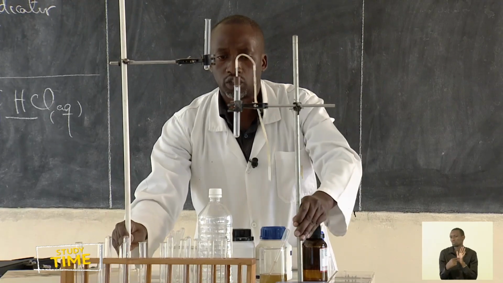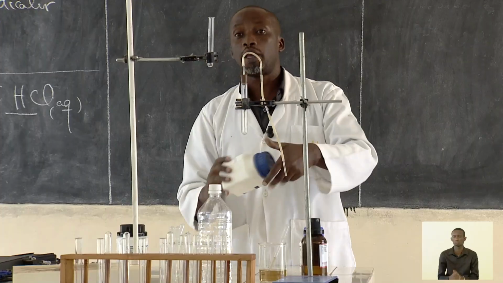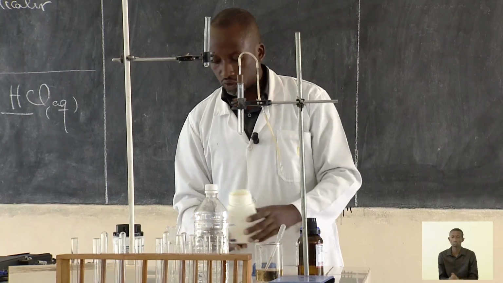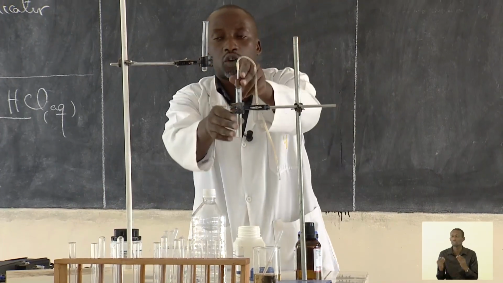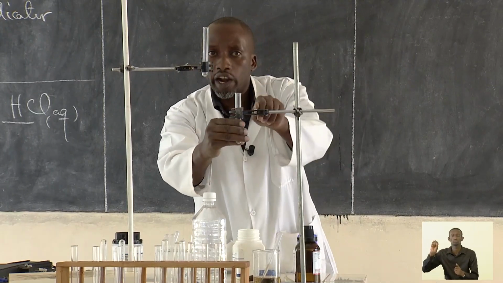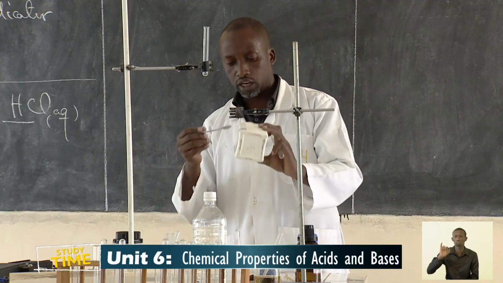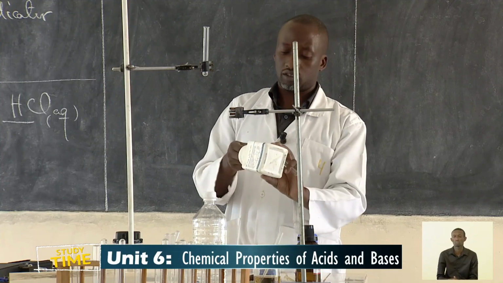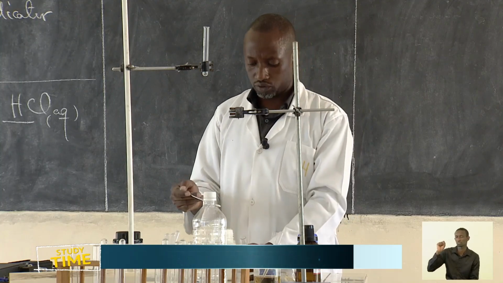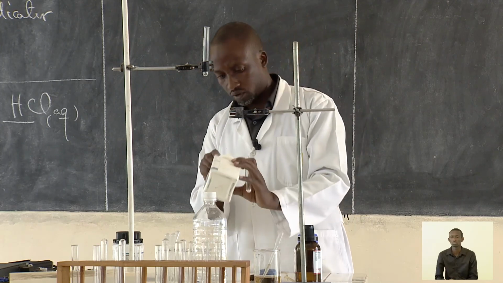It is prepared from the reaction between sodium chloride, potassium chloride, so any salt of the group 1 metals can be used. This is sodium chloride, which I'm just going to use, and I put it here in the test tube.